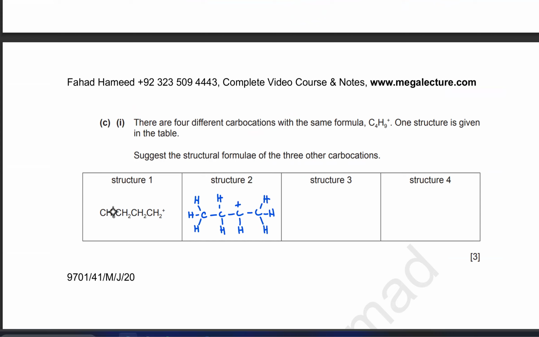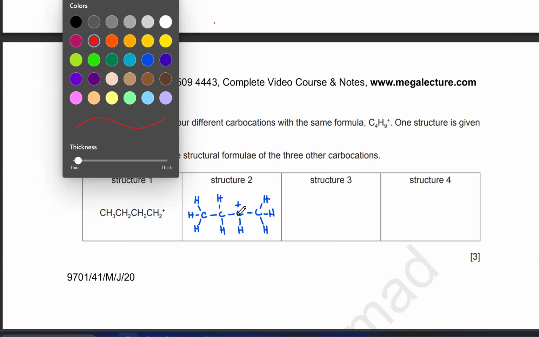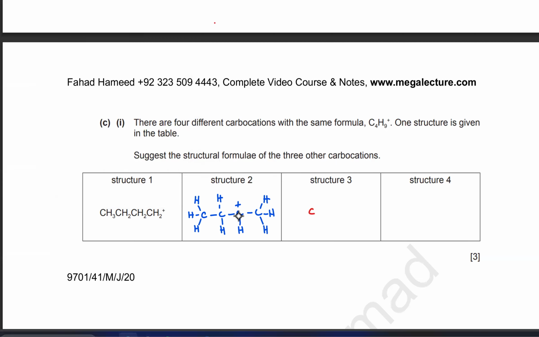Yes, sir. Okay, what else could there be in a straight chain? If I put the carbocation over here, then it's the same thing, right? Clear? Now I need to draw a branched one. So C4H9, right? So I'm going to have three H's. Okay, there's going to be three H's over here as well.